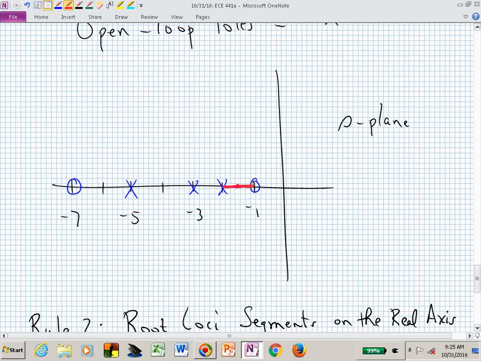And why is that? We said all points on the root locus have to have a phase of -180 degrees. What's the phase of that 0 at -1 to any point between -1 and -2? Well, if I look at the angle between this positive real segment and that 0, I have to turn around to see any point between -1 and -2.